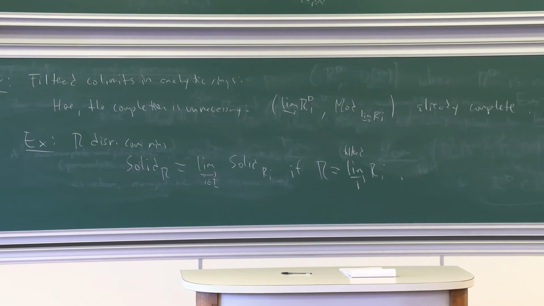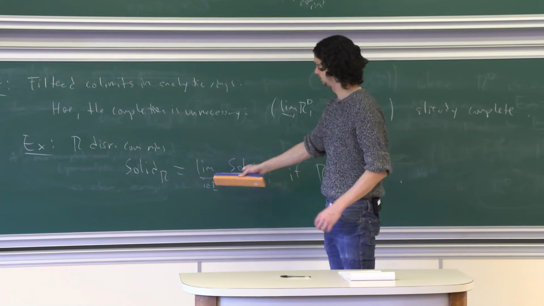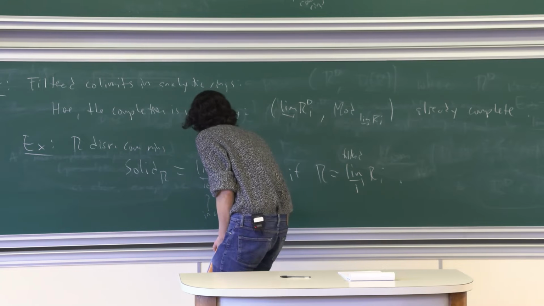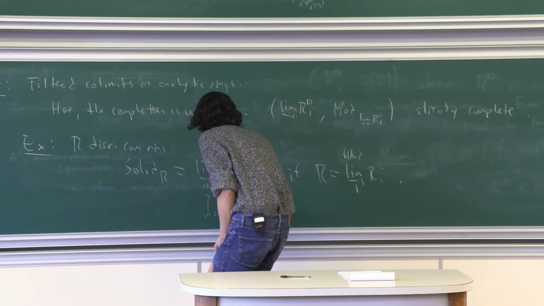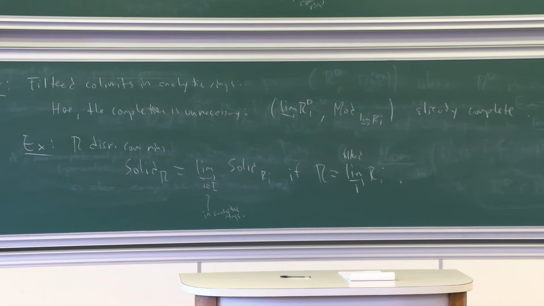Maybe you should say what you mean by this colimit there. This colimit here? Yeah, this is in the category of analytic rings. Ah, for solid R. Okay. Yeah, so or pre-analytic rings.